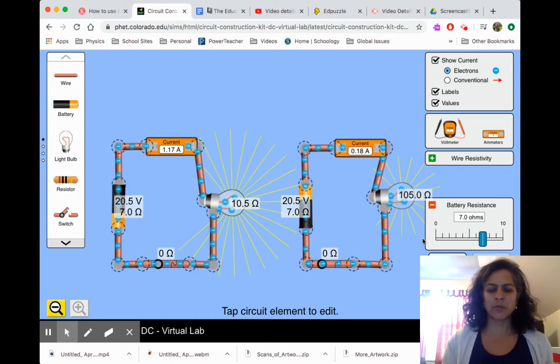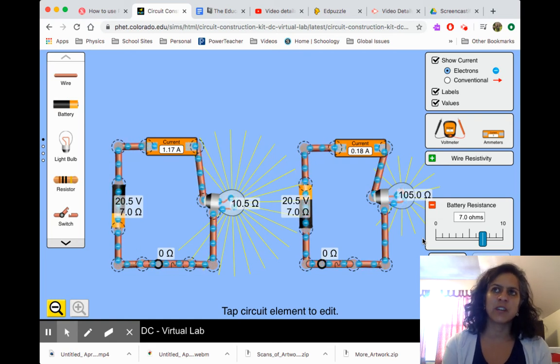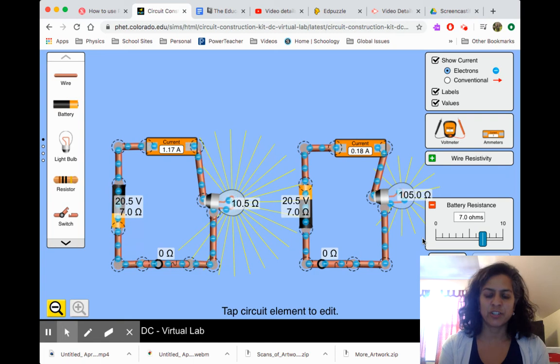There were some questions about power from last week. Power is still work over time, and work is still the transfer of energy, except now we're talking about the transfer of energy from electrical potential energy into light energy and thermal energy.